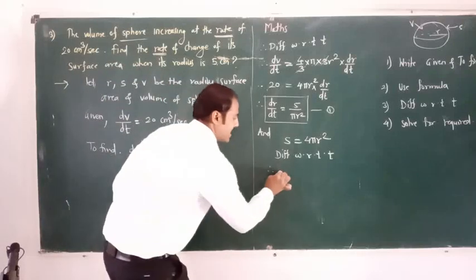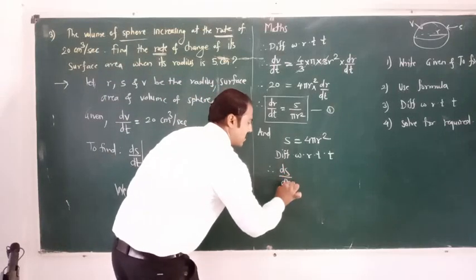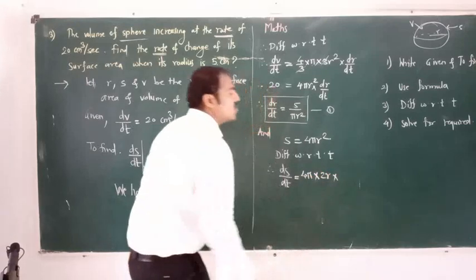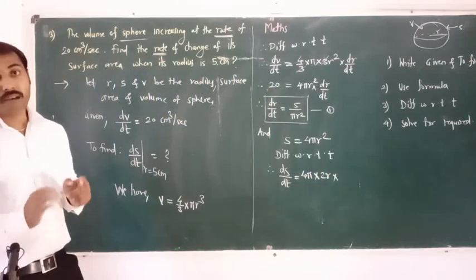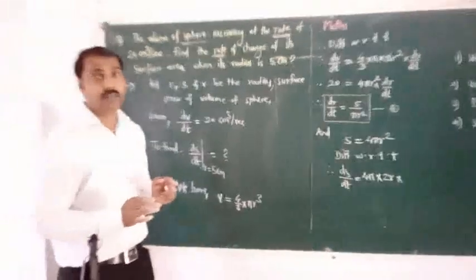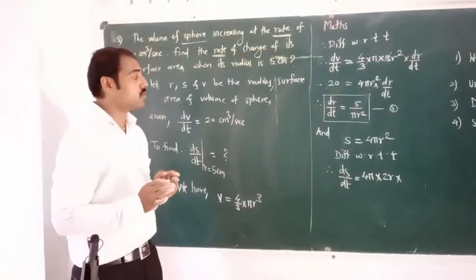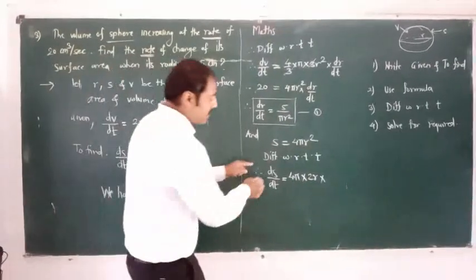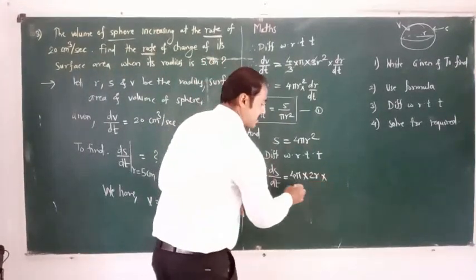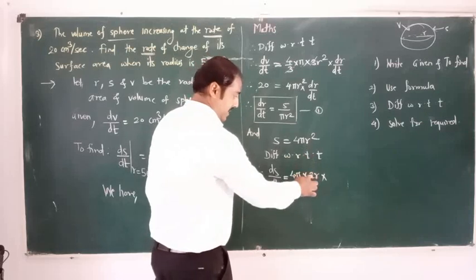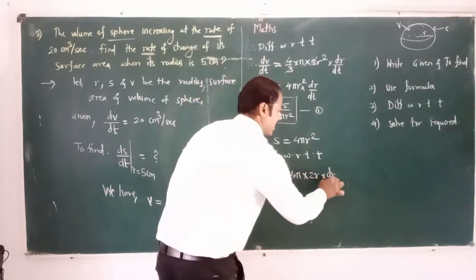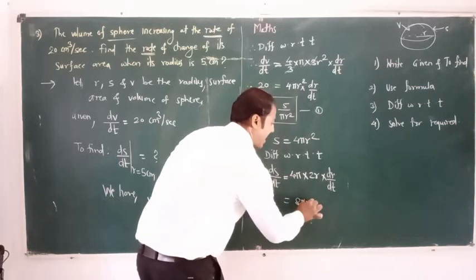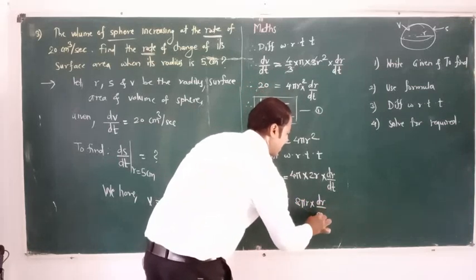So dS by dt is equal to 4 pi is constant. Derivative of r square is 2r when we differentiate with respect to r. But here we differentiate with respect to t. So derivative of r square is 2r into dr by dt, which is equal to 8 pi r into dr by dt.